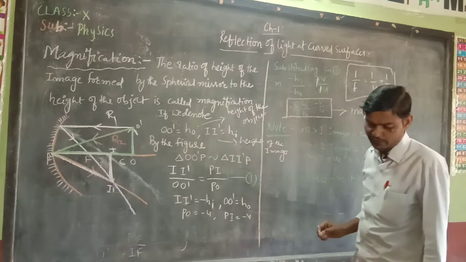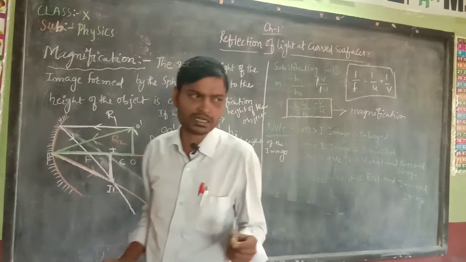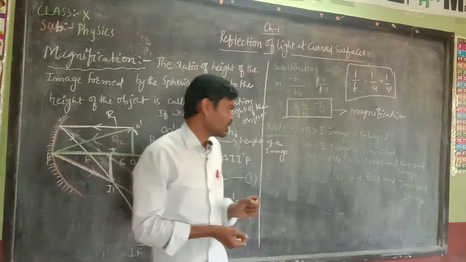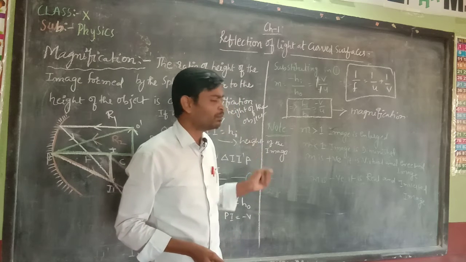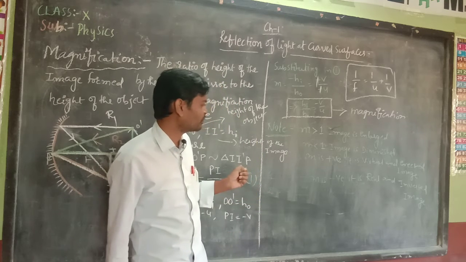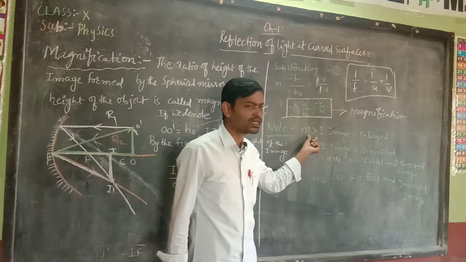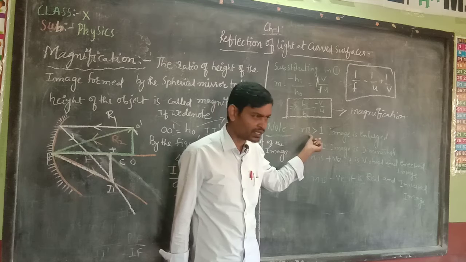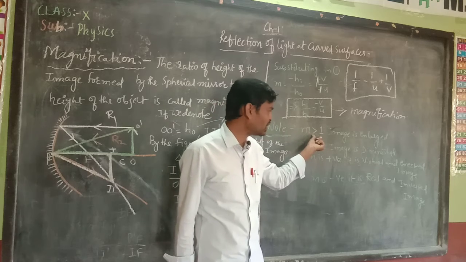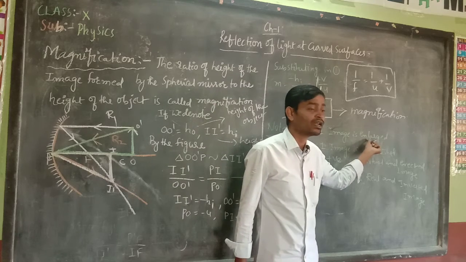So this magnification represents the type of image. You see here I wrote the note also. If M is greater than 1, then the image is enlarged.